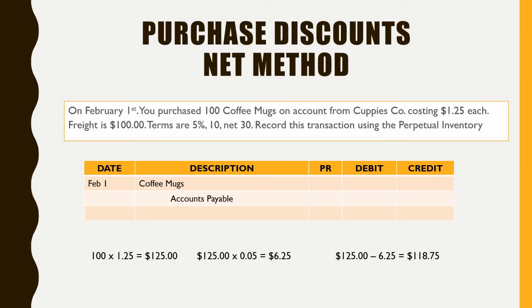So in this case, you can do 100 times $1.25, which is $125, and you take that 125 and multiply it by that 5% discount to get you $6.25 off. And you don't record that there is a discount. So in this case, you're going to record it as is at $118.75 plus $100 shipping, which is $218.75.